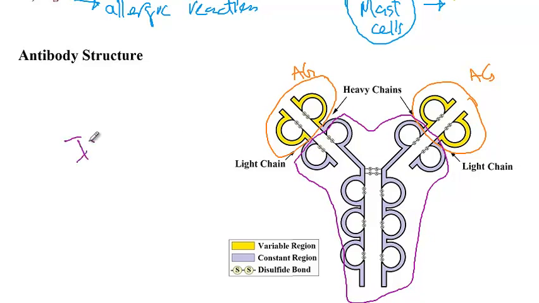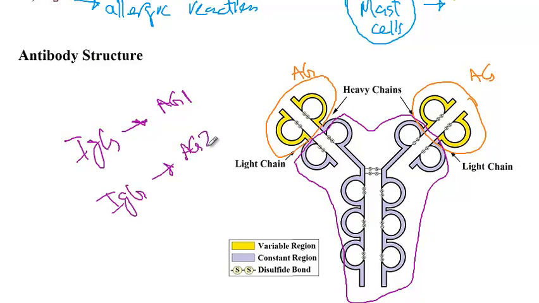So you know how we have an IgG antibody that binds to, let's say, antigen 1, and we have another IgG antibody that binds to antigen 2. The difference between these 2 IgG antibodies is that their variable region is different, because one is capable of binding to antigen 1 while the other one is capable of binding to antigen 2.